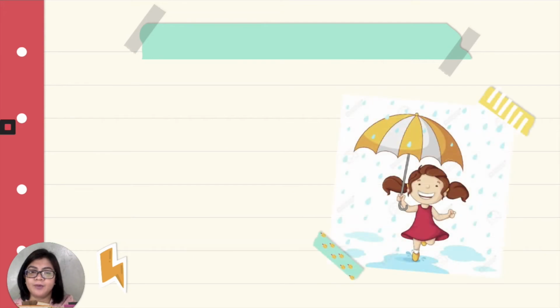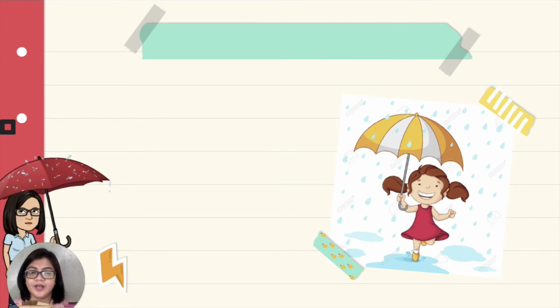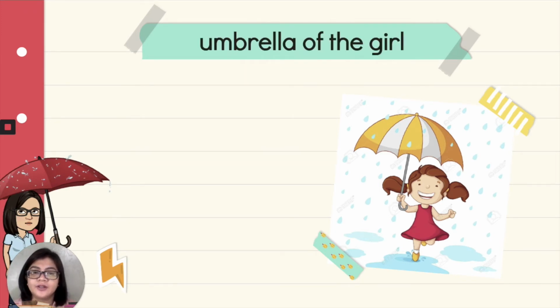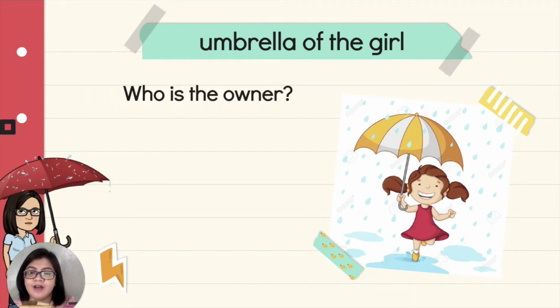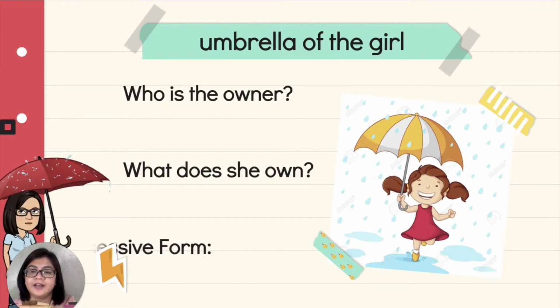Another example, look at the picture of the girl here. Okay, so what is the girl holding? She is holding an umbrella. So we can say that that's an umbrella of the girl, right? So let's have our two questions here again to create our possessive form.